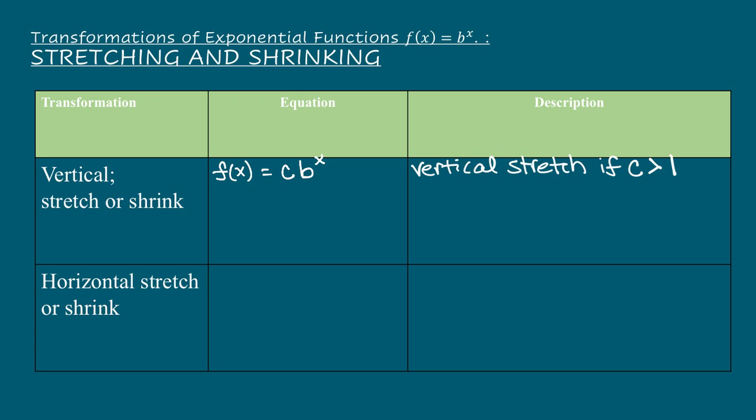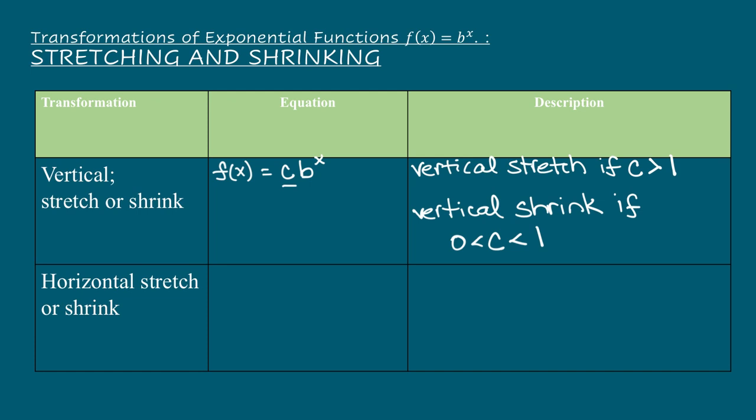So it's important to note that just because the c is here, I'm not always going to have a stretch, or I'm not always going to have a shrink. I need to know whether the value of c is greater than 1 or whether it is between 0 and 1 to make that call.